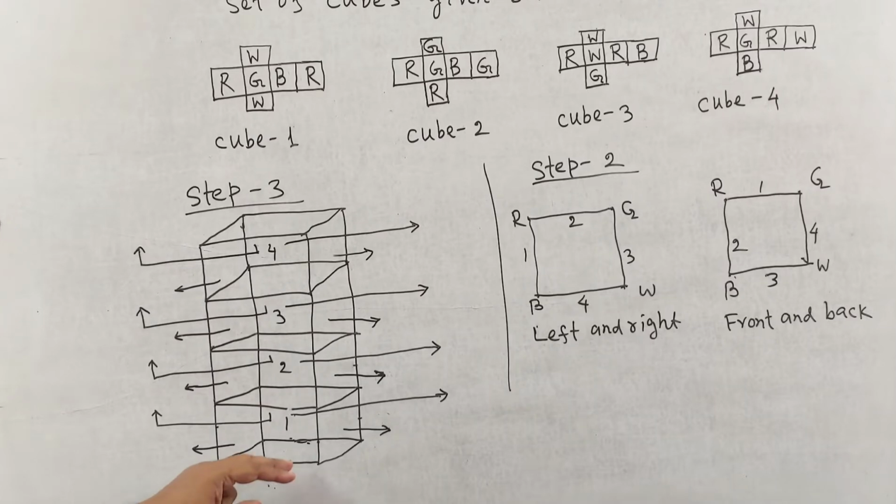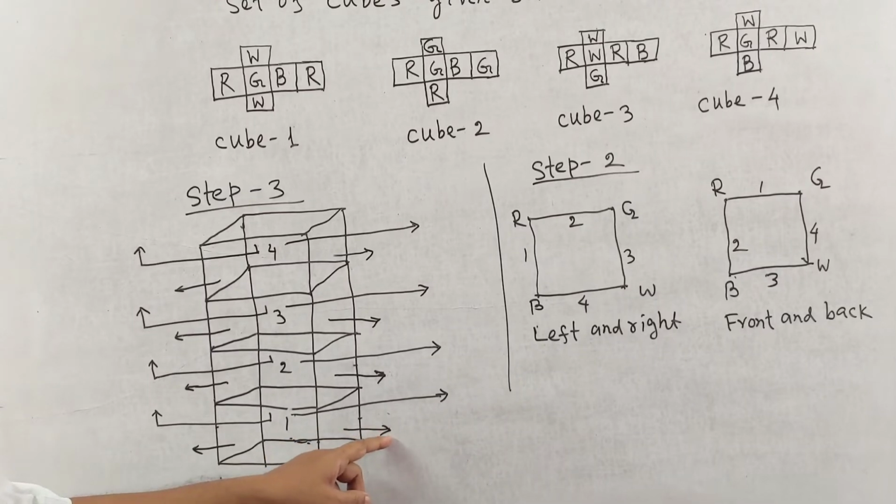No necessary to give color in bottom and top. So here this arrow denotes the right face and this arrow denotes the left face. These 2 small arrows, left face and right face.